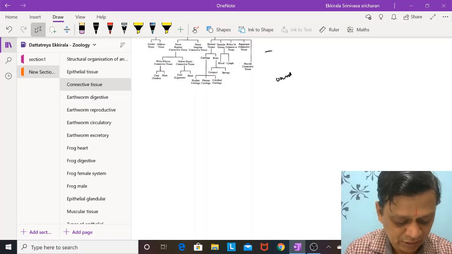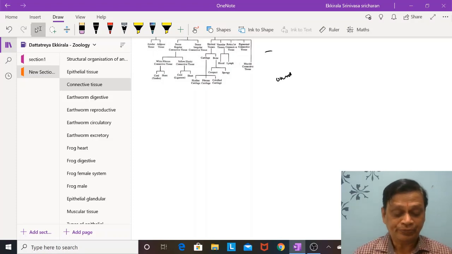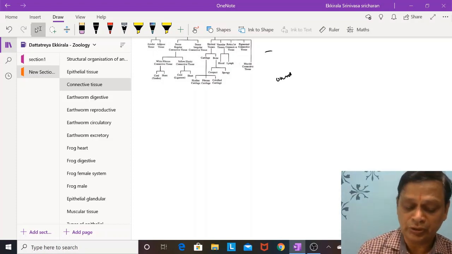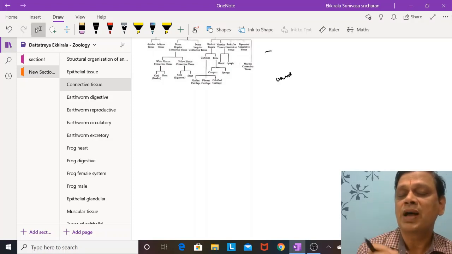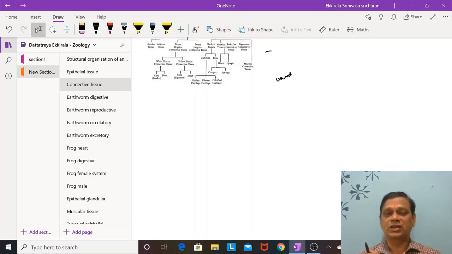and for example the areolar tissue will show presence of fibroblasts, mast cells, plasma cells.